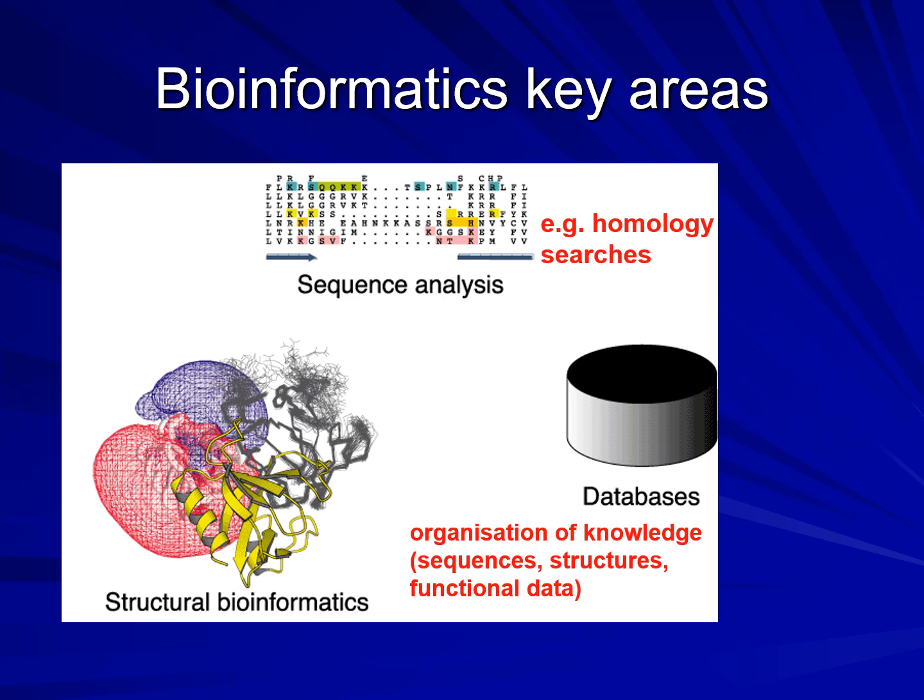Similarly, in structural bioinformatics you can produce, develop, or determine protein structure using bioinformatics. Another area is databases. Huge data is produced every day by scientists worldwide, and maintenance of that data is important, so databases play a key role in maintaining the data.